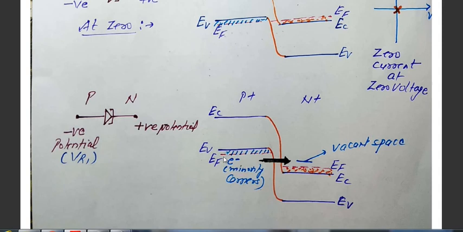This is the Fermi level at the P side, which is at a higher level as compared to the Fermi level at the N plus side. Towards the P plus side there are minority electrons below this Fermi level, and vacant space available.